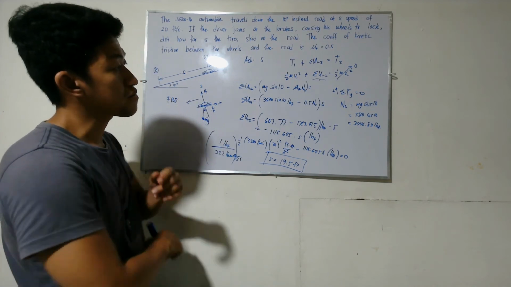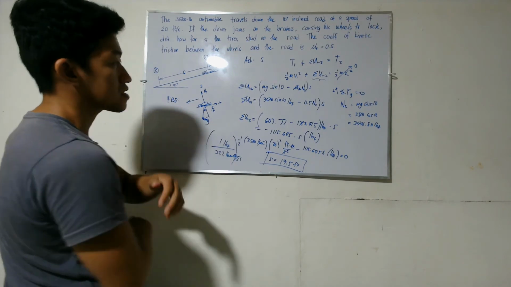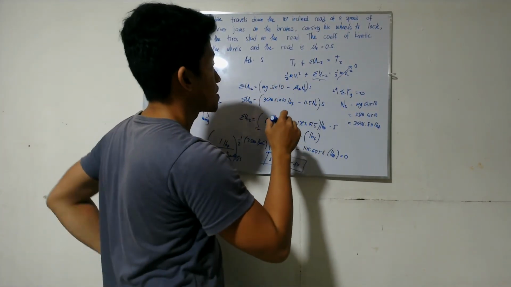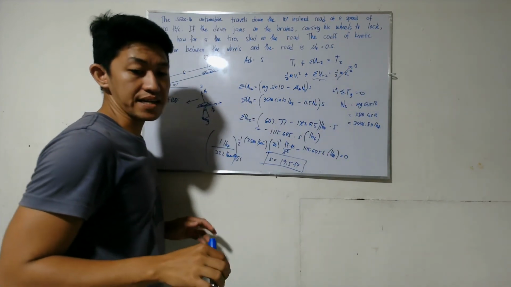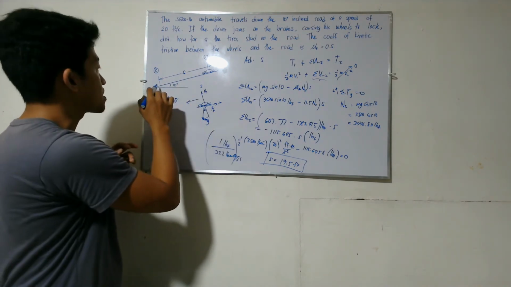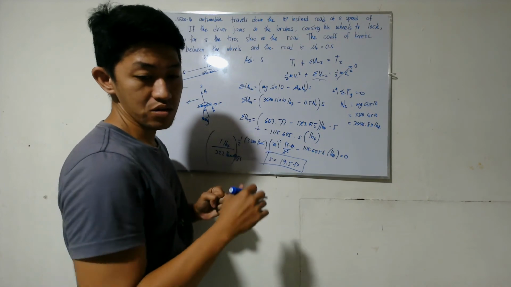So what have we discussed so far? We just applied the principle of work and energy. Based on this equation, your final kinetic energy is zero because your car stops. Then we get the value of the total work.